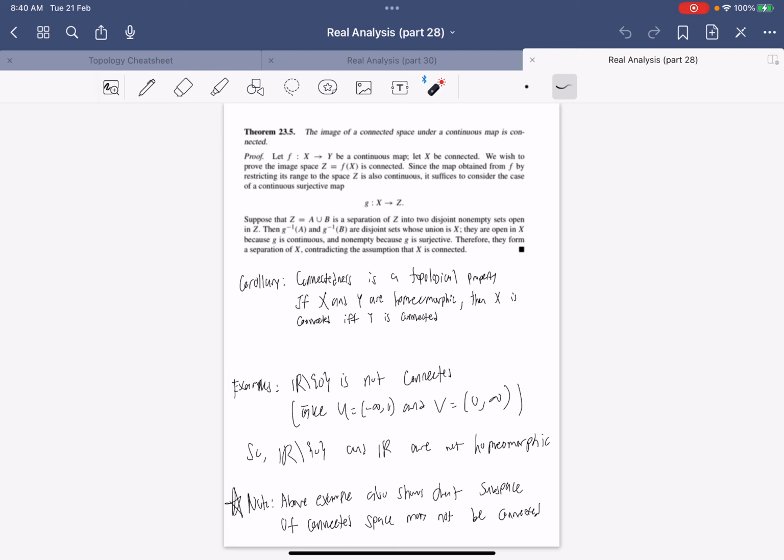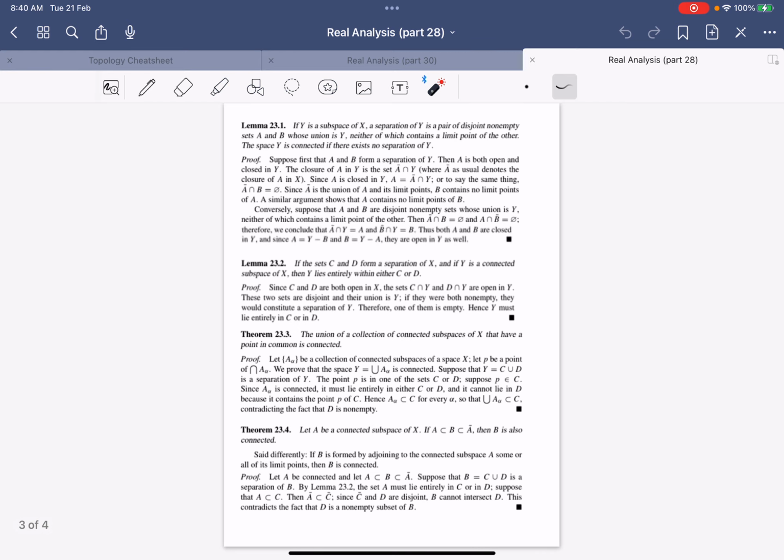The above example shows that a subspace, which is this, of a connected space R may not be connected. So when can we say that a subspace is connected?